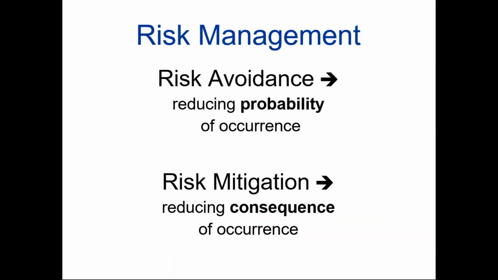Basically, as we talked about the two sides of the calculation of risk, in risk management, broadly speaking, we talk about avoiding risk and mitigating risk. If we use those words carefully, avoiding a risk means making it less likely the risk will occur. So that's really what your testing is doing.